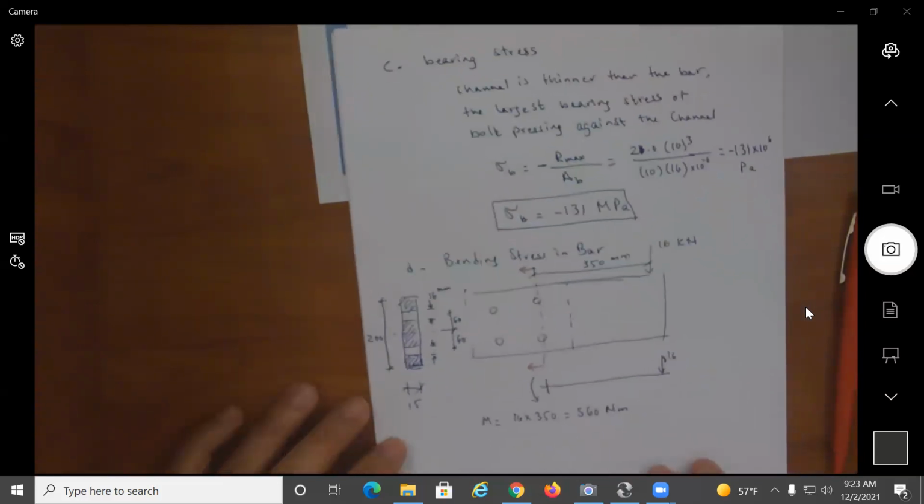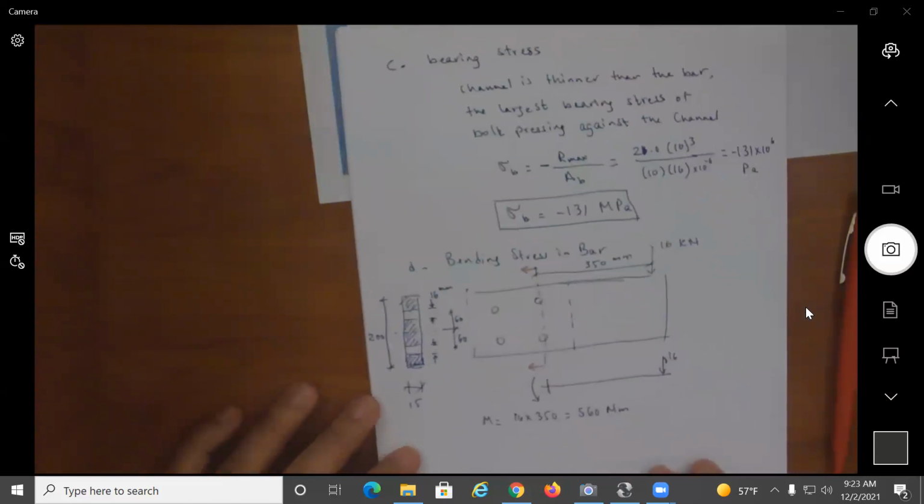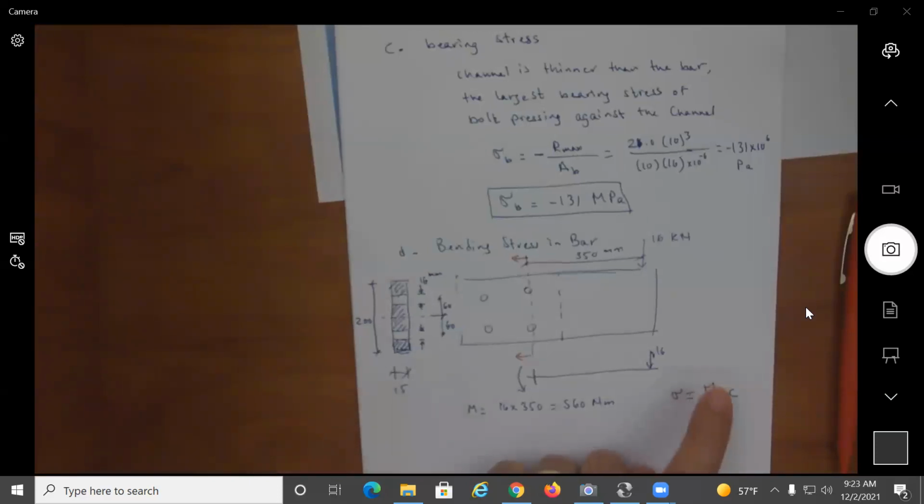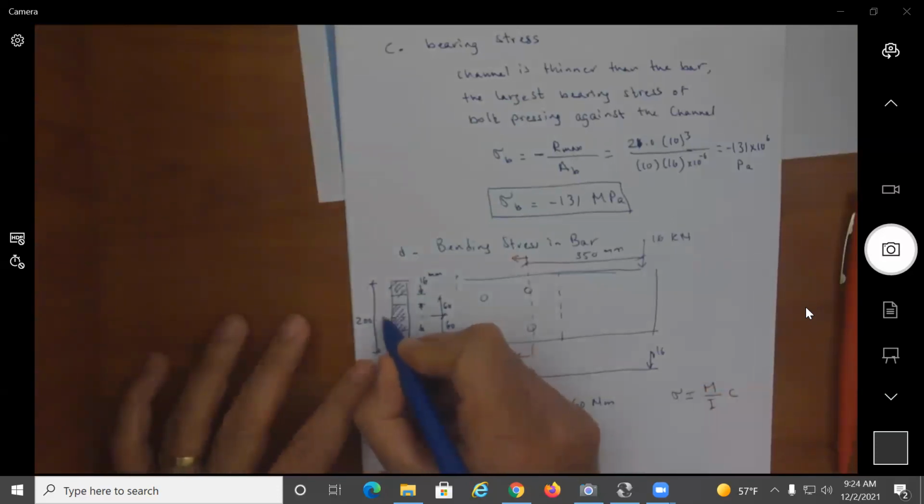How do I find the bending stress? The bending stress, sigma, is equal to M over I times C. I know the moment, and C would be the distance furthest away from the neutral axis. Now, my neutral axis is here.